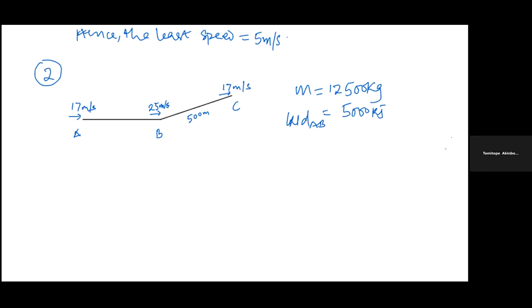Find the height of C above the level of AB.